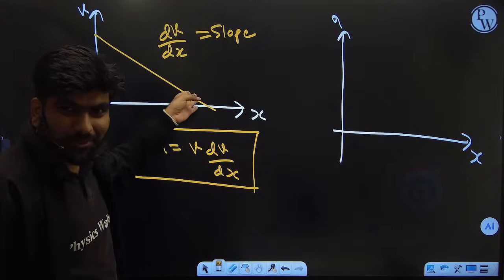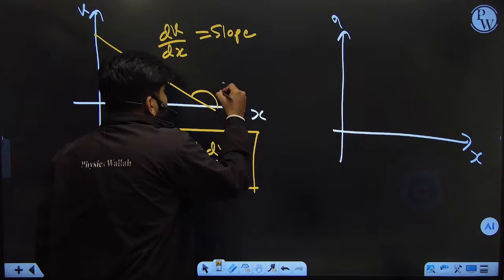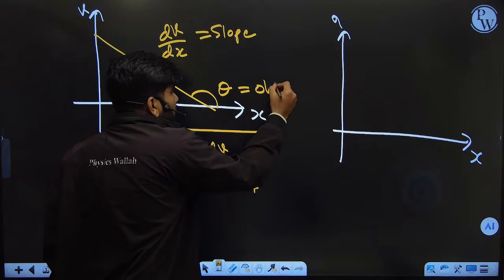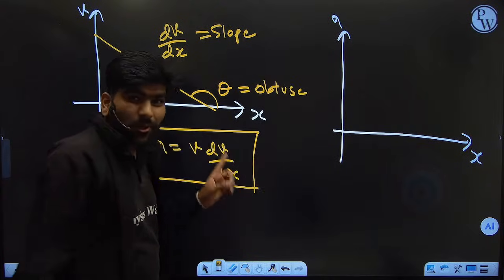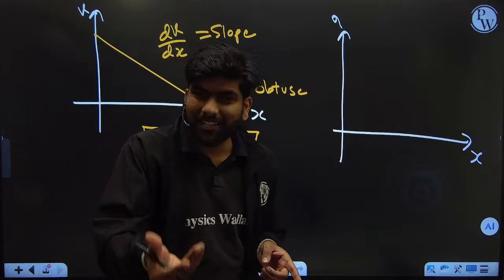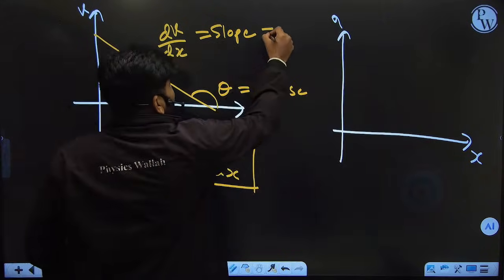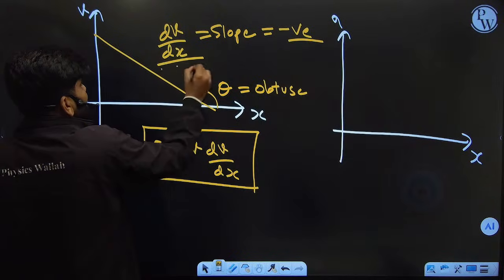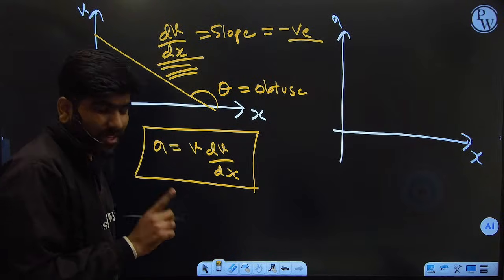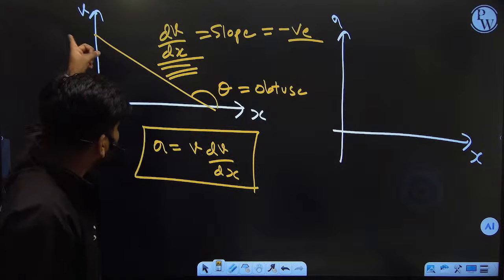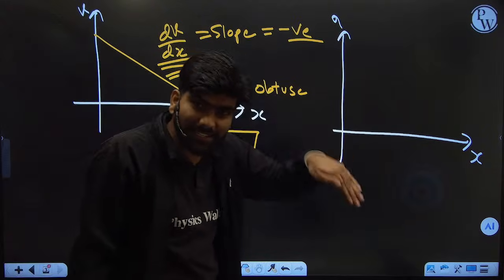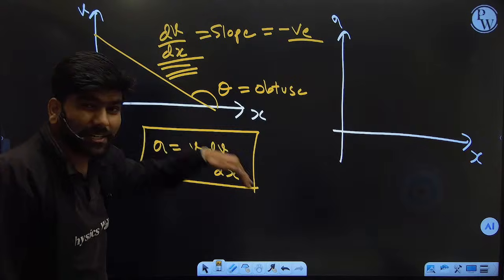So if we look at this v-x graph, the dv by dx term is basically the slope of the graph. And what is the slope of the graph? Since it is making an obtuse angle, the slope of the graph is going to be negative. Tan of an obtuse angle is a negative value. So the slope of this graph is negative, which makes dv by dx negative. Now, what about velocity? Throughout the motion, the velocity is decreasing. Its value is falling down, right?